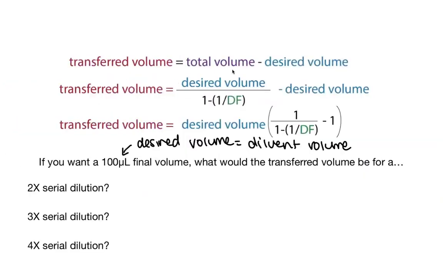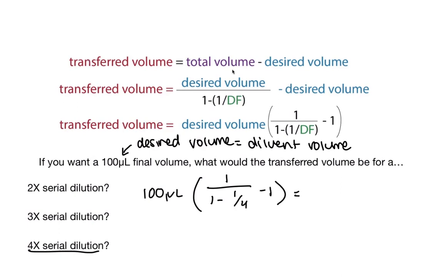So finally, let's consider our 4x serial dilution. So in this case, our desired volume, that diluent volume, is still equal to 100 microliters. So if we want to figure out the transferred volume, we can keep that the same. And now we're just going to have a different dilution factor. So what we'll have is 1 over our dilution factor of 4 minus 1.